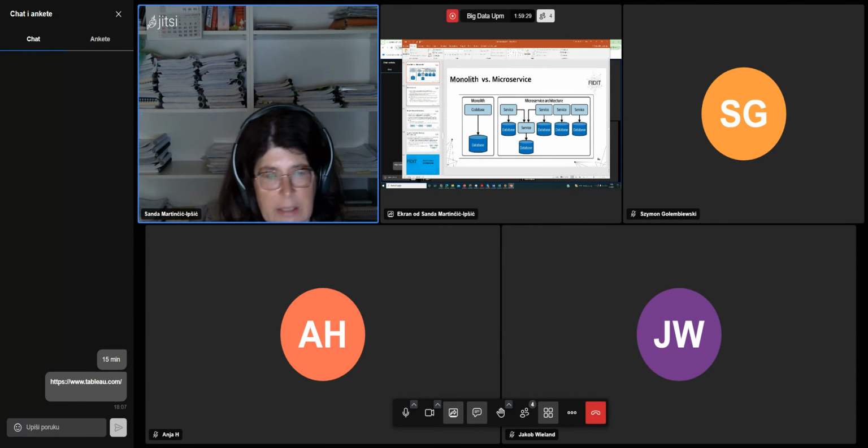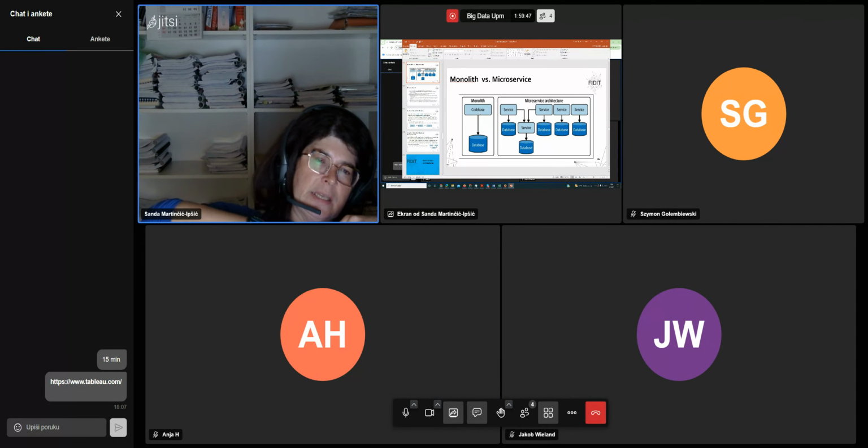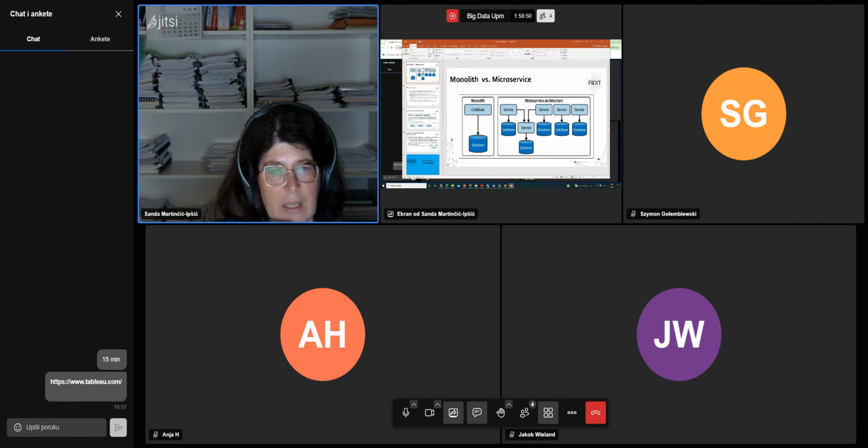The second important thing is microservice architecture. Here we have one monolithic system, let's say software, that is accessing the database. We don't like that. We want to have this big software divided into a lot of smaller parts that can communicate with each other, usually via API calls.